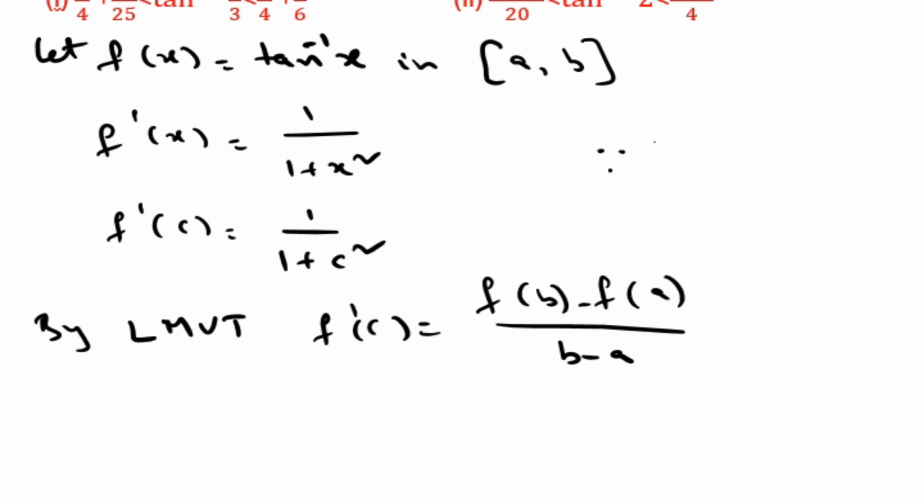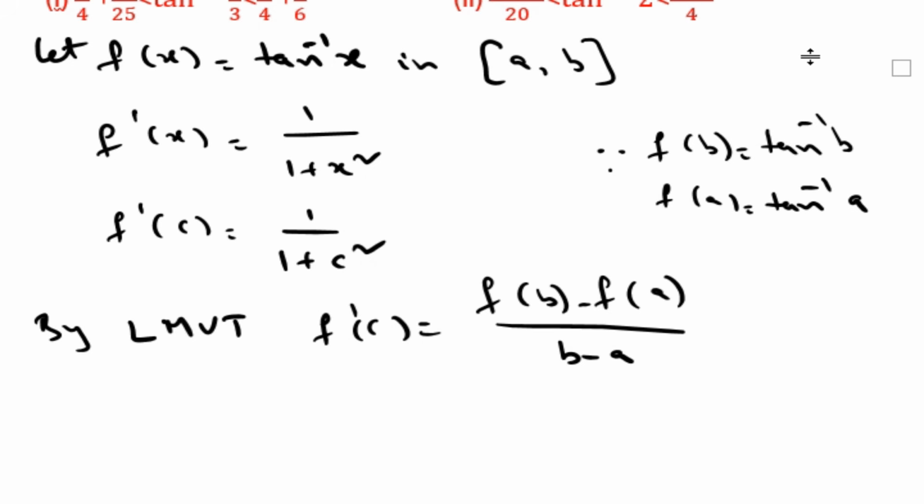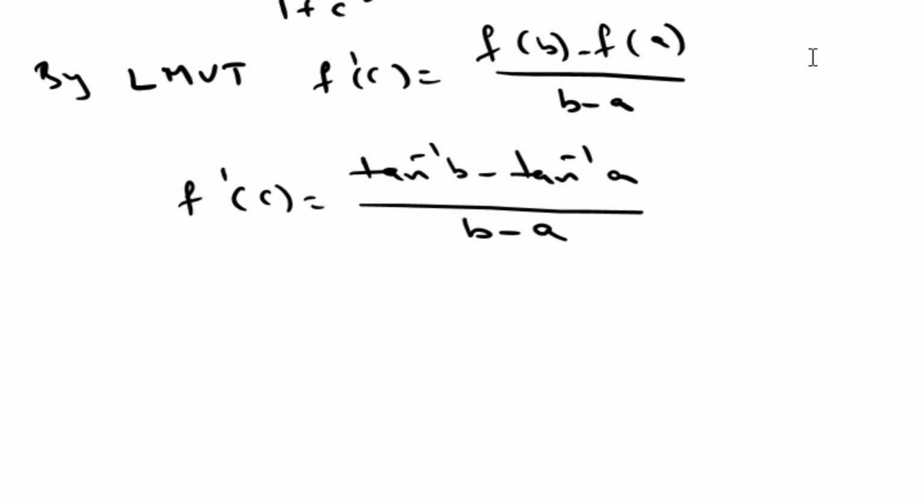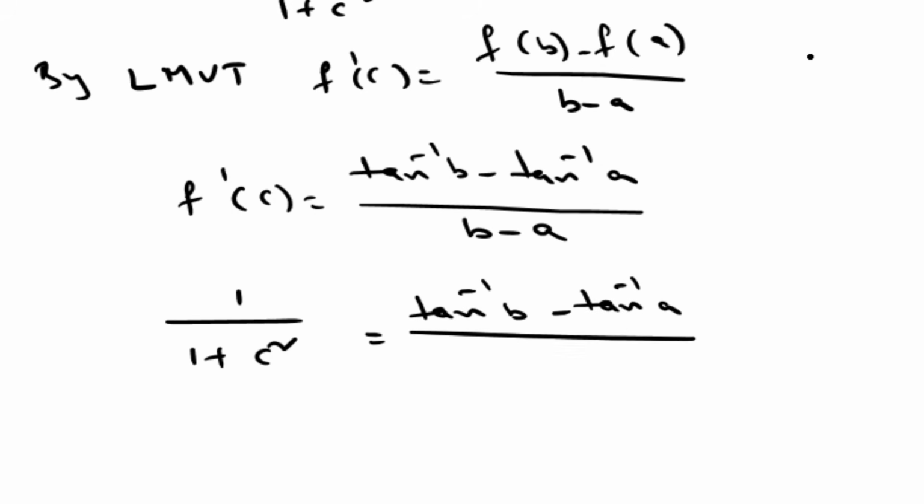Since f of b is equal to tan inverse of b, and f of a is equal to tan inverse of a, f dash of c is equal to (tan inverse b minus tan inverse a) by (b minus a), which is equal to 1 by 1 plus c square. This is equation number 1.